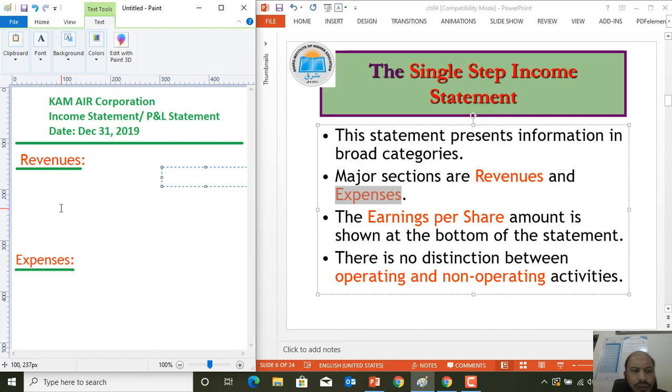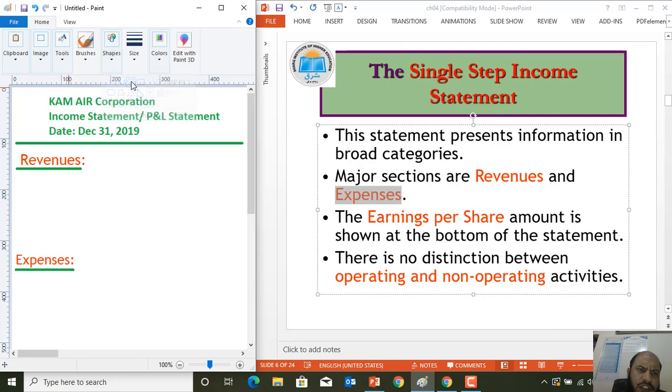So see, dear students, this is the format. We will have the name of the company, one thing. Second, we will have the title of this statement. See, dear students, this is the name of the company, ComAir. This is the title: profit and loss statement or income statement.